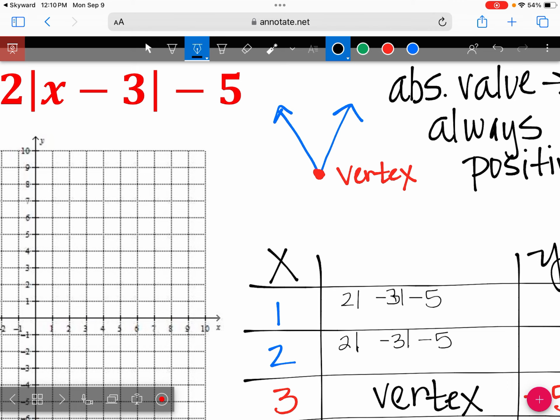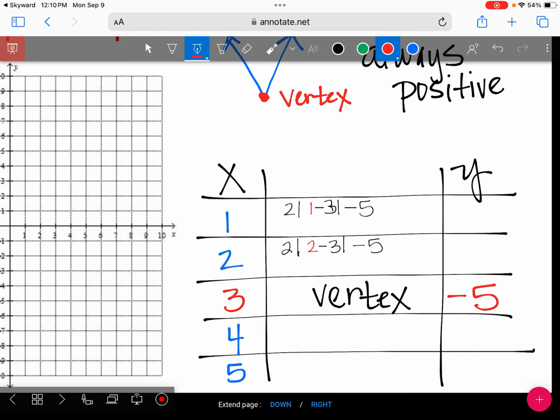Okay, I'm going to talk you through this one. These first 2 together. Now, the good thing about absolute value, again, is that whatever we put here, it should be the same thing here. And whatever we get here, it should be the same thing here. So since we can't use a calculator, we're going to talk about this together.